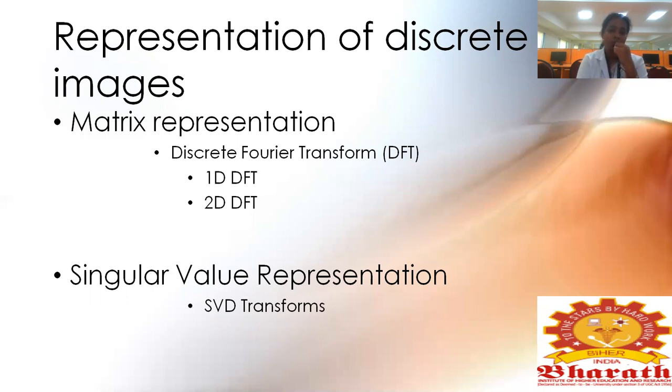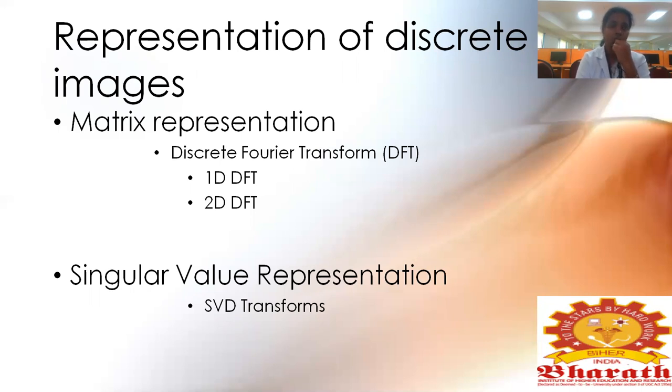In discrete Fourier transform, you have the one-dimensional discrete Fourier transform and the two-dimensional discrete Fourier transform. You use the one-dimensional transform when you have only one variable representing your image. If you want two different variables to represent an image, then you can go for the two-dimensional DFT, right?